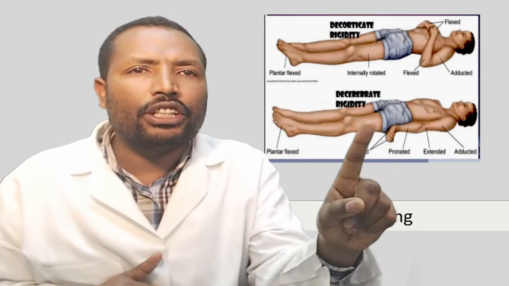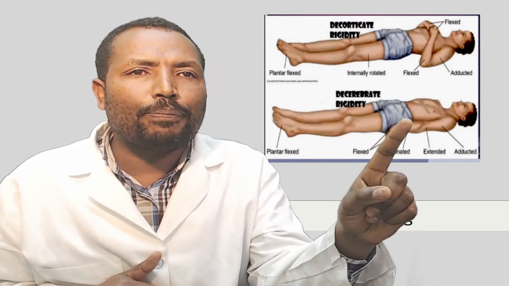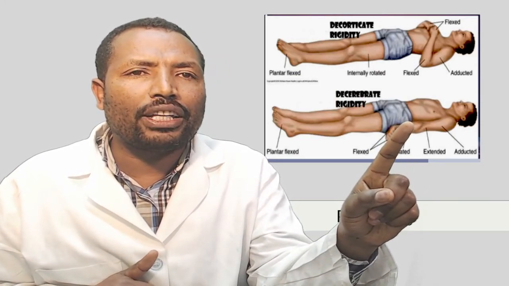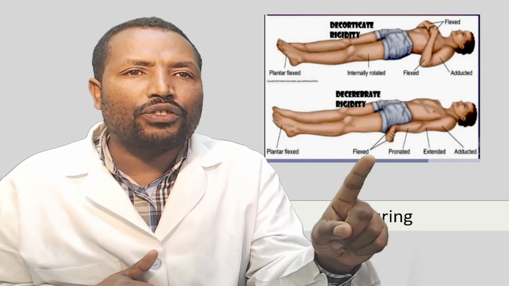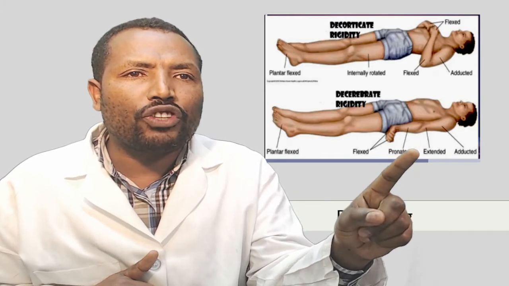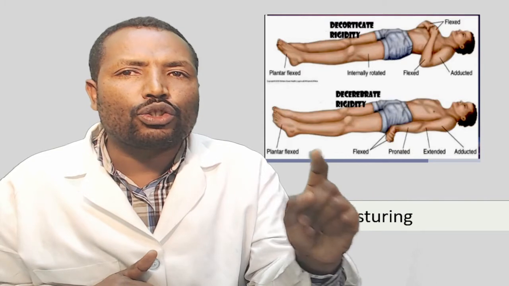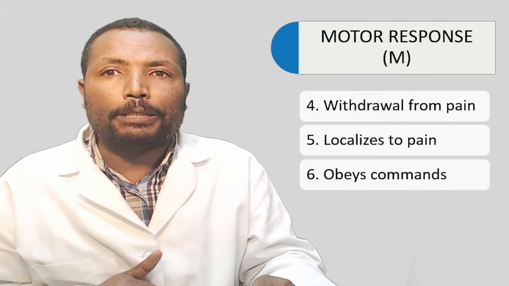And here is decerebrate. If we apply some pain or stimuli on the chest, the hand is totally extended, the fingers are flexed, there is pronation of the arms, the elbow is extended, and the arms are adducted. So this is very important when we are measuring motor response.